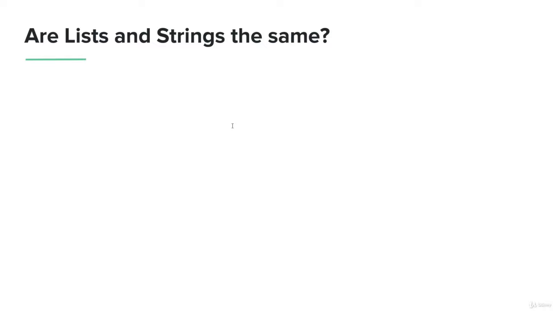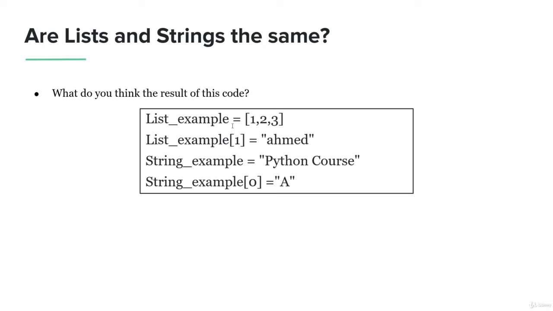So are lists and strings the same thing? Are they basically the same thing? The answer is no. Let's look at this code. So we have here a list example 1, 2, 3, and here we want to change the element number 1, which is this one, because we said we start from 0, so we want to replace 2 with Ahmed.